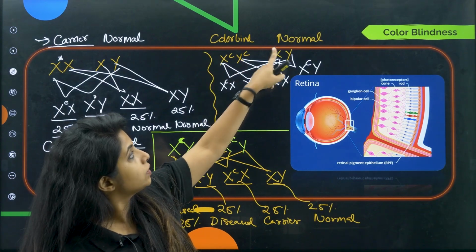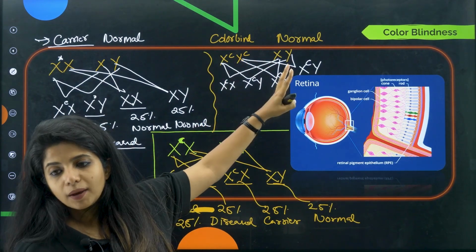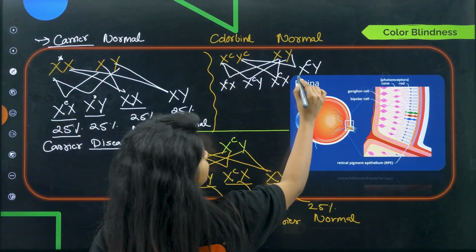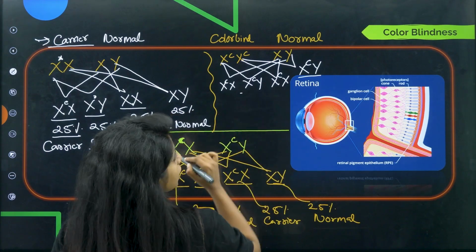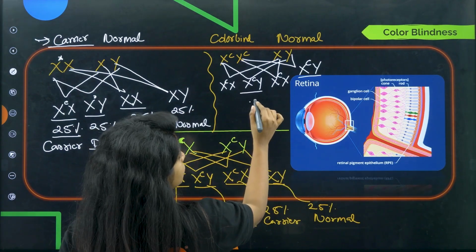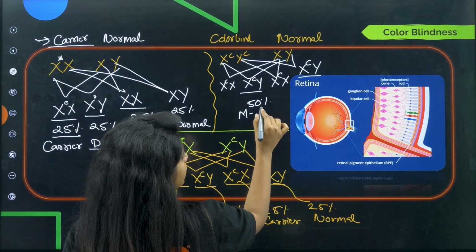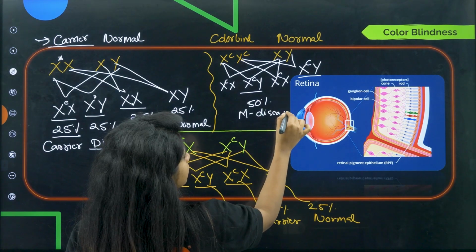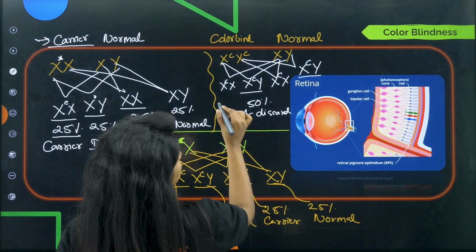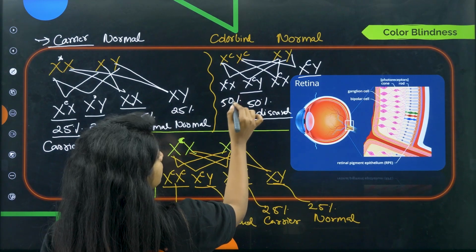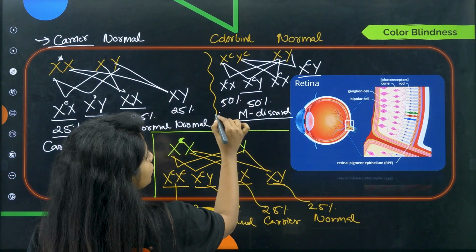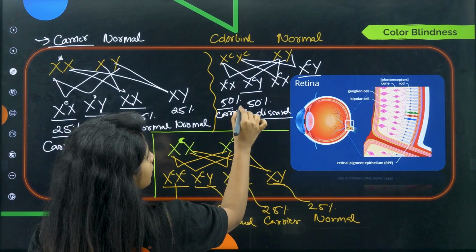Whatever you do, the condition will be this. So 50% of the times the male will be diseased, and 50% of the time the females will be just the carrier.